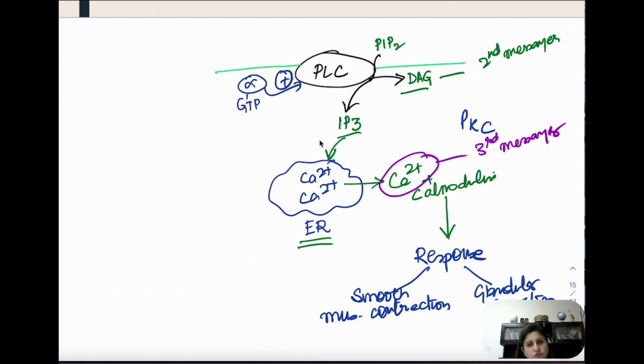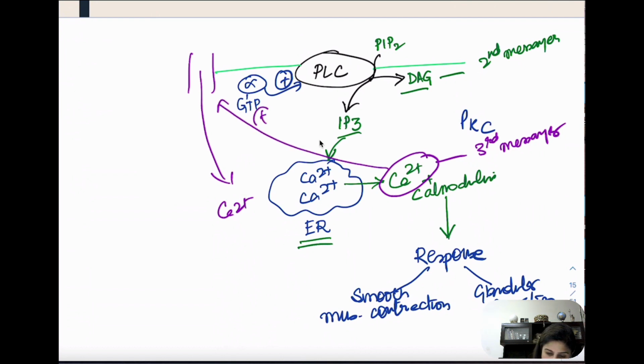They can also lead to further opening of calcium channels, and then can lead to more movement of calcium inside. More calcium is going to enter and produce the same response. So this is a response which is produced by GQ.